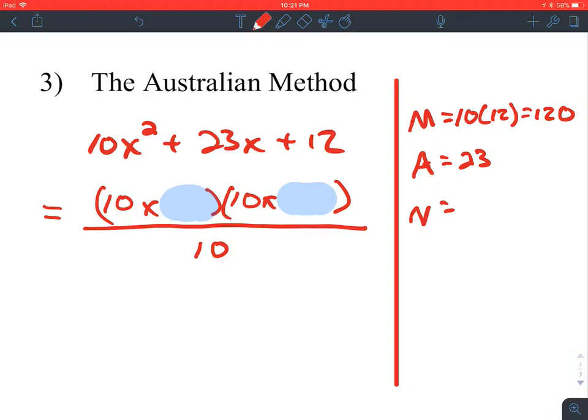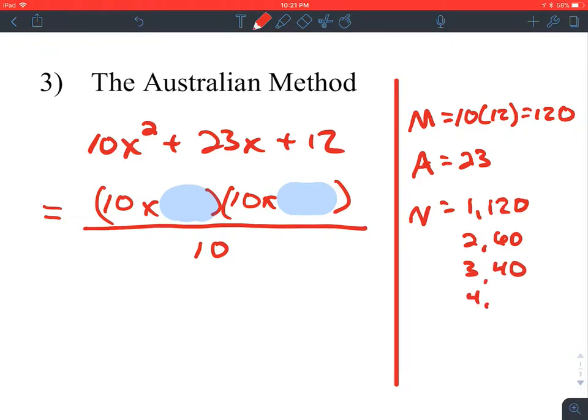Well, let's say that you can't think of a pair of numbers that multiply to get 120 and add to get 23 quickly. Well, let's just make a list of numbers. Start out with a number 1. 1 times 120 is 120. Does it have to be 23? Certainly doesn't. How about 2 times 60? Doesn't add up. 3 goes into 120 40 times.